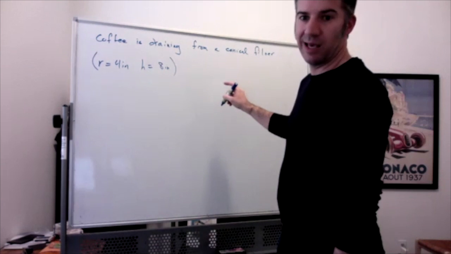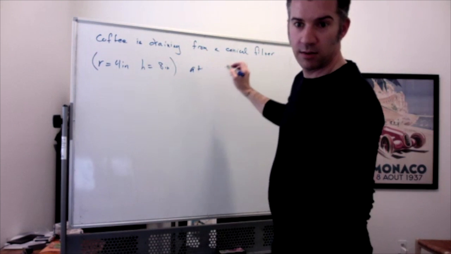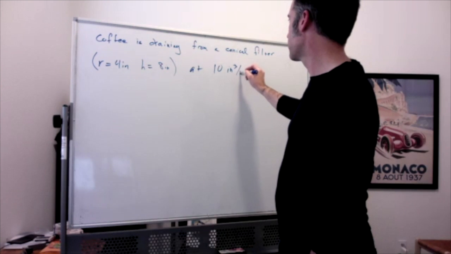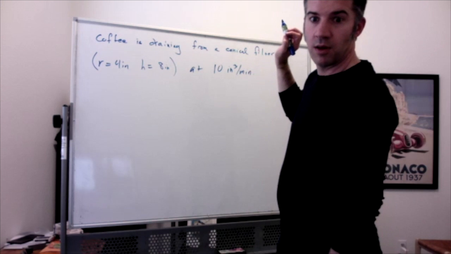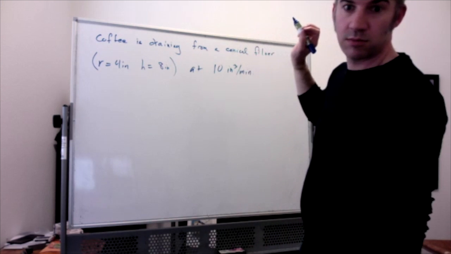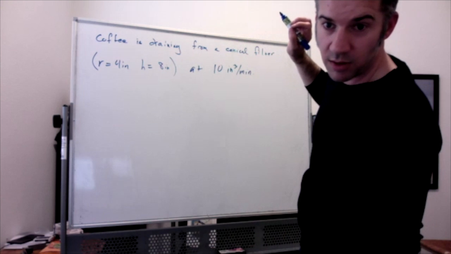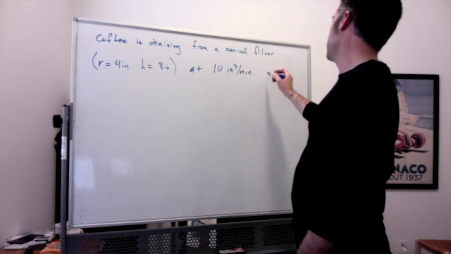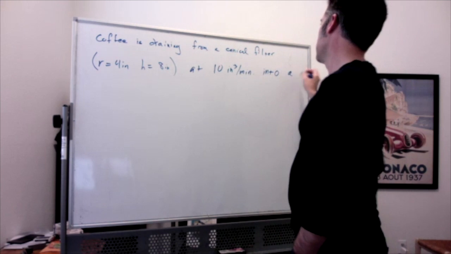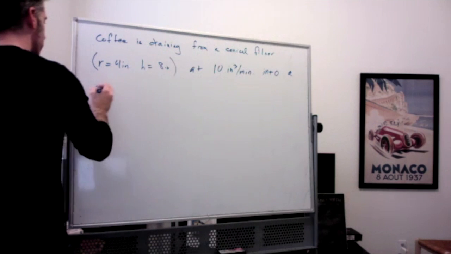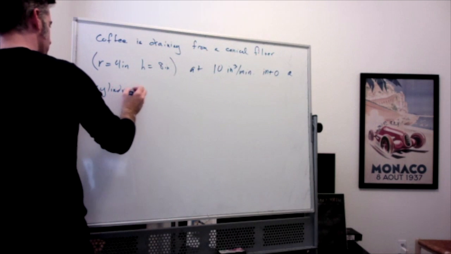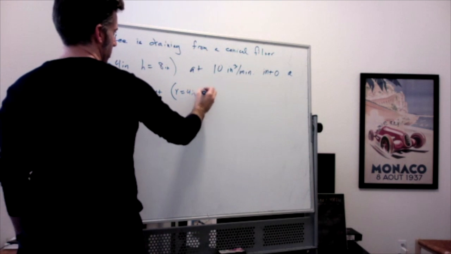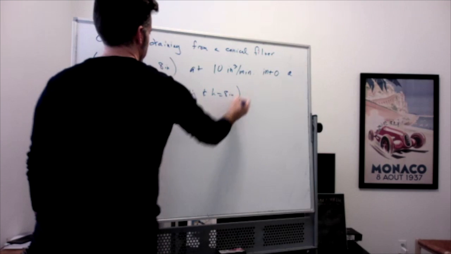And it's draining at 10 cubic inches per minute into a cylindrical pot. It also has a radius of 4 inches and a height of 8 inches.